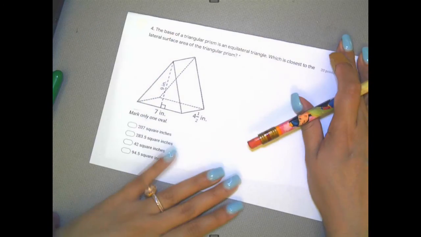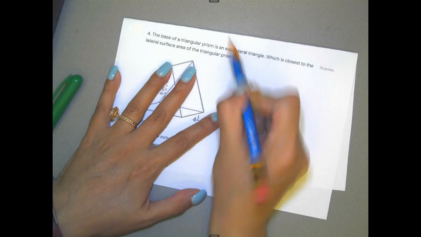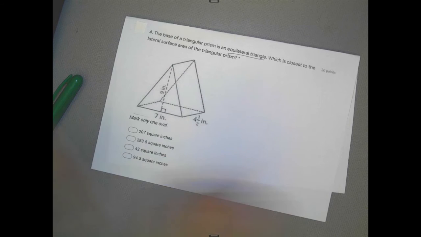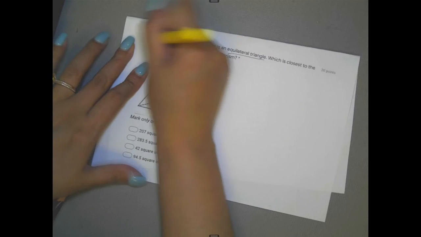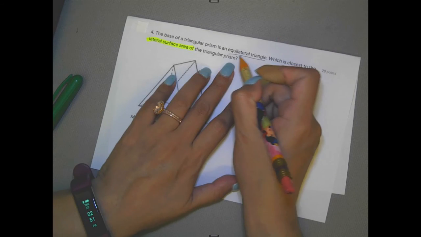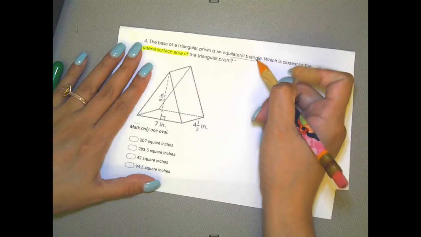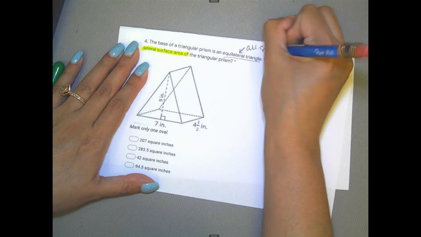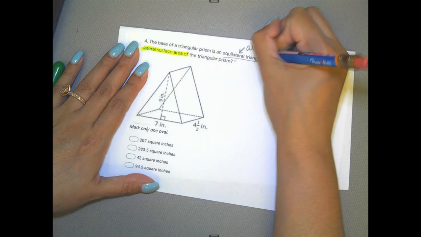And number 4 says, the base of a triangular prism is an equilateral triangle. Okay. Which is closest to the lateral surface area of the triangular prism? Well, if I think back to what equilateral triangle means, that means all sides are equal.